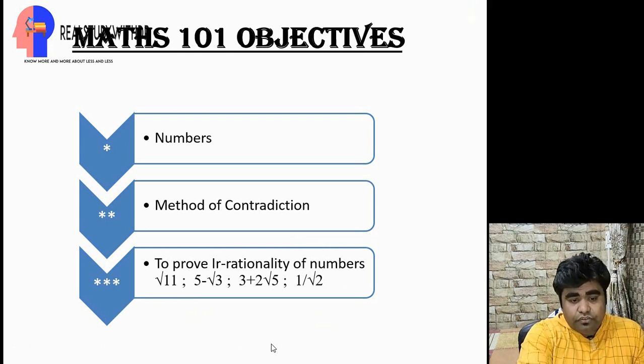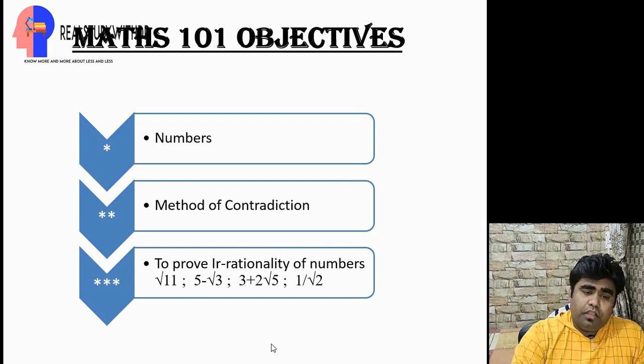I have taken 4 examples which we are going to see in this session: how we are going to prove the irrationality of square root of 11, 5 minus square root of 3, plus 2 square root of 5, and 1 divided by square root of 2.